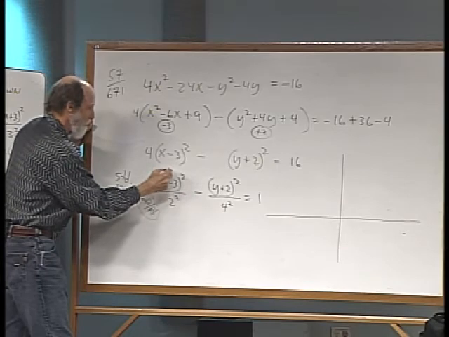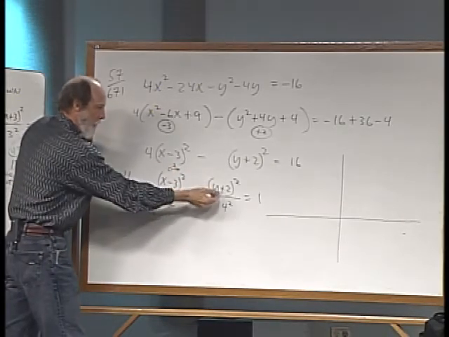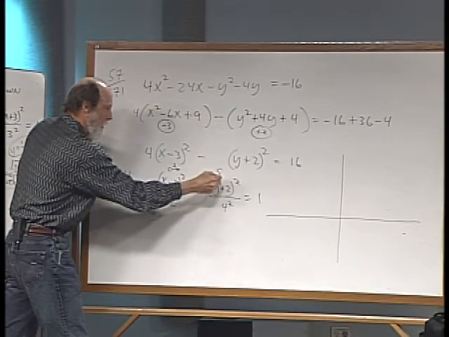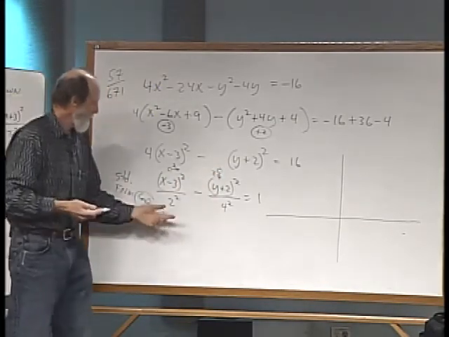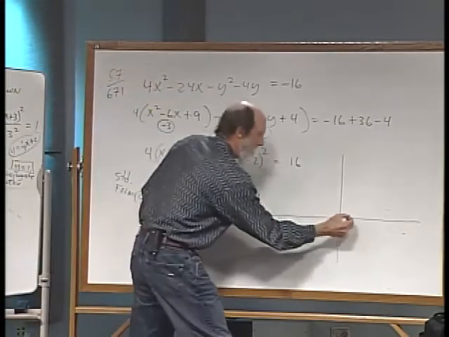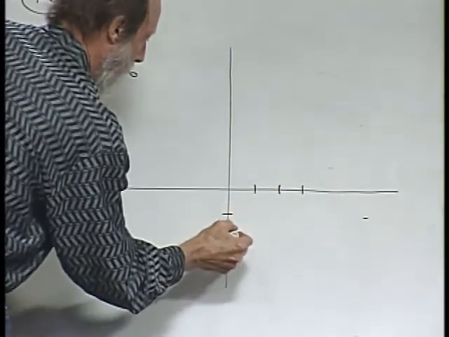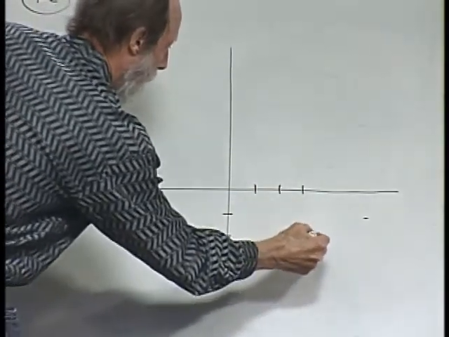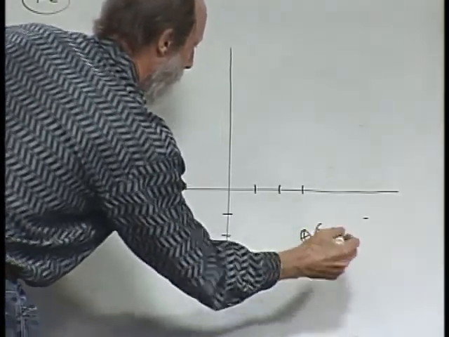A shift to the right of 3 and a shift down of 2. And then our rectangle, we're going to go to that location, 3 to the right and down 2. There's our center at 3, negative 2.